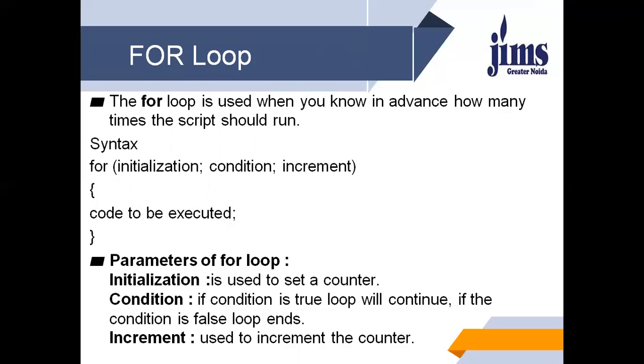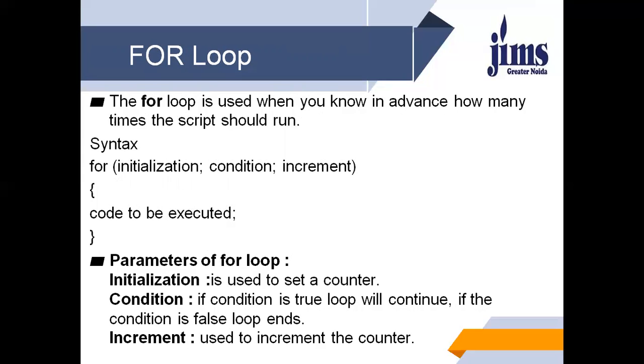It is a special kind of loop covering the following tasks: set a counter variable to some initial value, check to see if the conditional statement is true, execute the code specified within the loop, and increment the counter at the end of each iteration through the loop. So the syntax is for, initialization, condition, increment, and then the code to be executed.